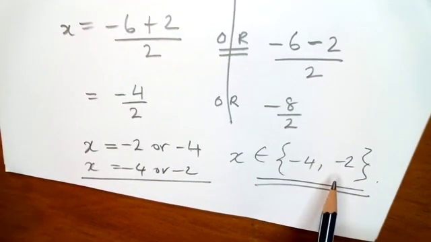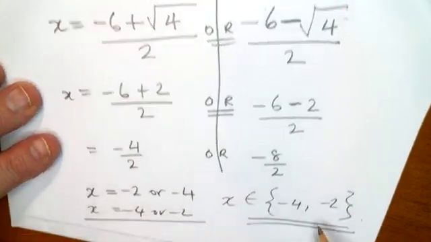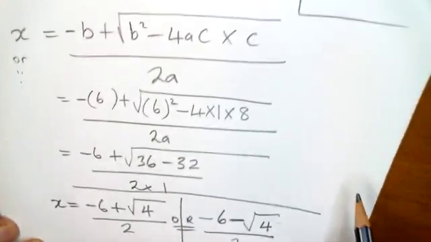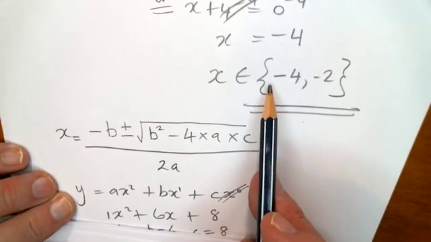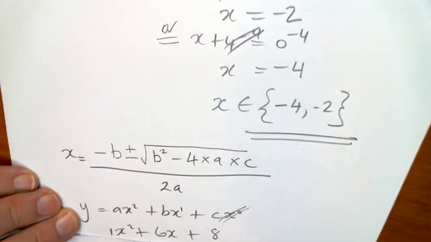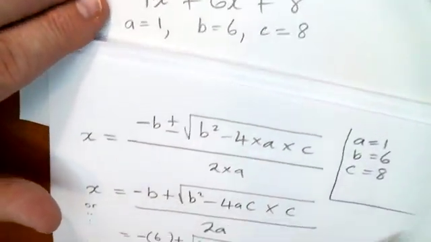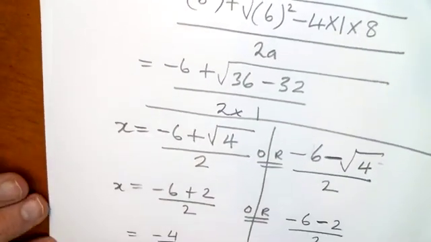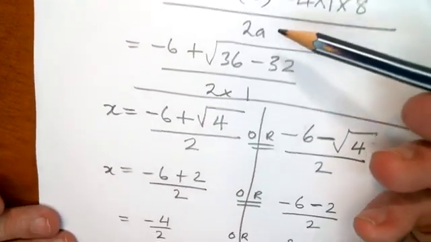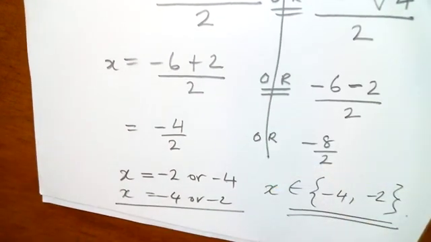But notice, of course, we've got exactly the same answer, negative 4, comma negative 2, as we did over here. Here we are, look, negative 4, negative 2, and that's what we did in the previous video. So hopefully that makes sense. Hopefully you can see how that played out and how very simple it was. Notice there were a few steps to do, but at the end of the day, it takes an otherwise very complicated situation and we can break it down into manageable steps.